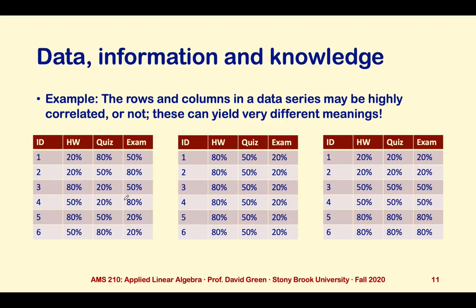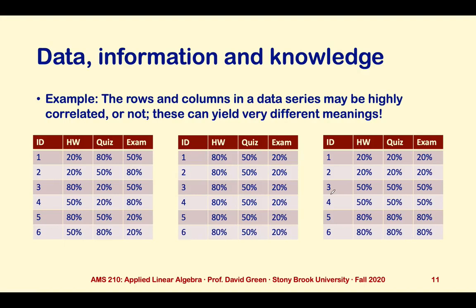From the perspective of an instructor, I would look at this data and say, this looks like a badly structured course. There's no relationship between how students are doing in the homework, the quizzes, and the exams. And there's no discrimination between different students in the course.